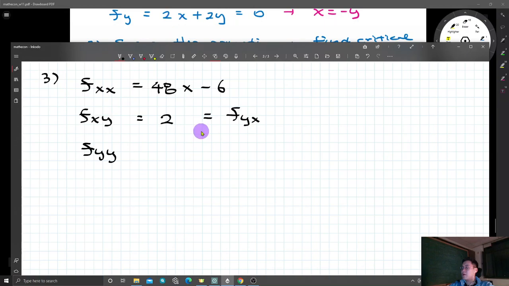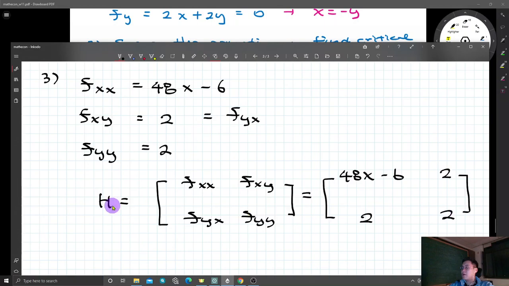So the Hessian matrix H is f sub xx, f sub xy, f sub yx, f sub yy. Now we put in these values: 48x minus 6, 2, 2, 2. So this 2 by 2 matrix is the Hessian matrix in this example.